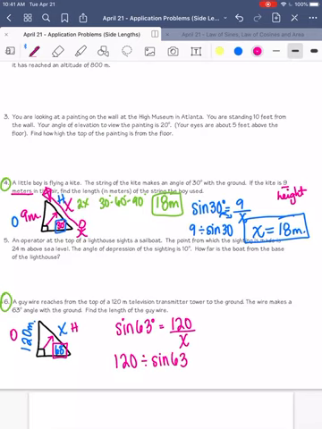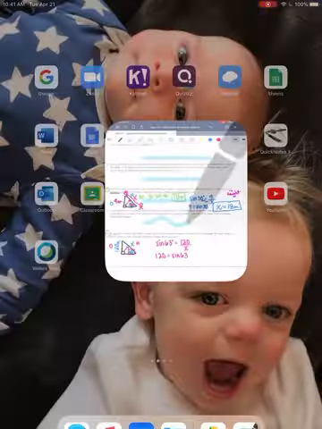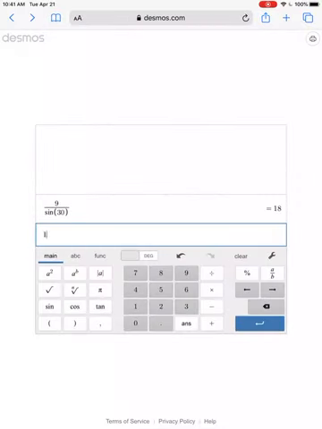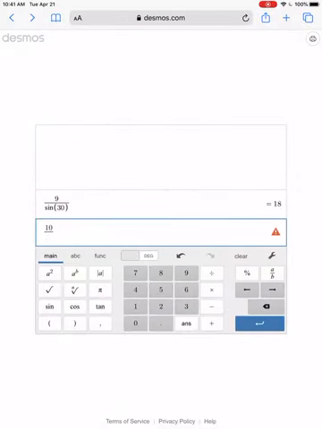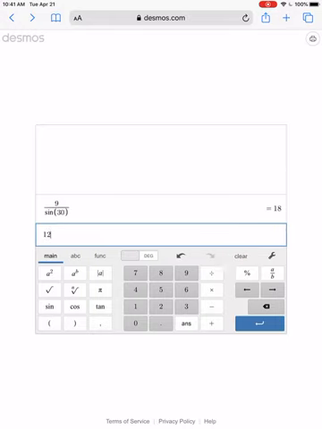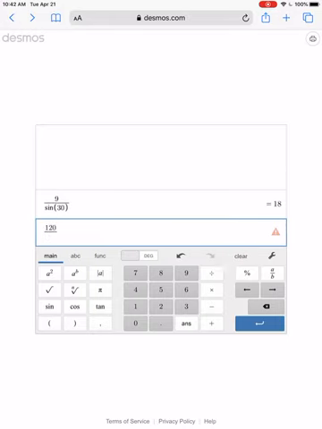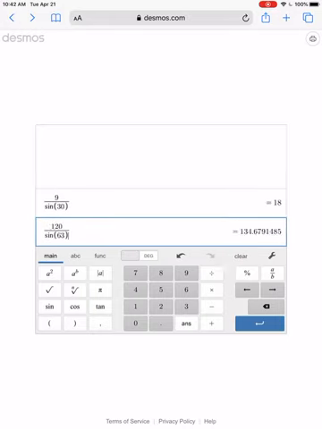Some of you are getting very obscure answers. Please make sure your calculator is in degree mode. I might need to text some of y'all separately because I think some of you are in radian mode. Okay, so let's type it in: 120 divided by sine 63.